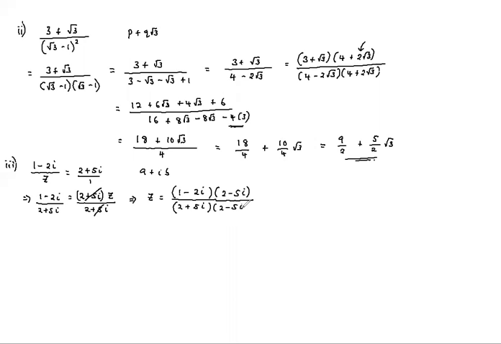So 1 times 2, you get 2, minus 5i, minus 4i, and then plus 2 times 5, 10 i squared, so that it becomes negative 10.